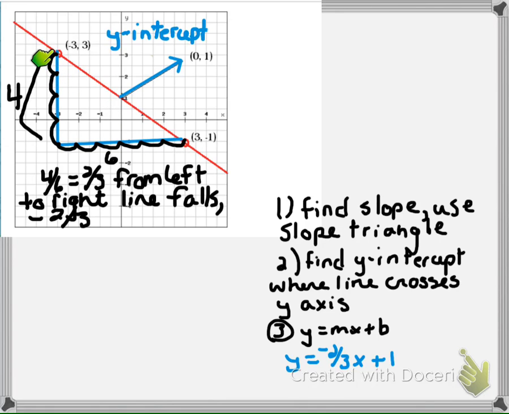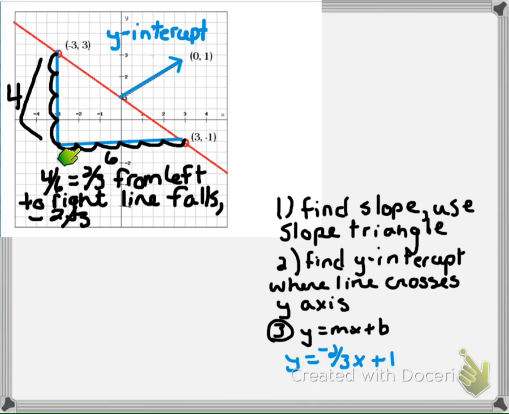So since I know that every tick mark is 0.5, I went 2 tick marks to make 1. So 1, 2, 3, 4. The rise is 4. Now the run is doing the same thing. Every tick mark is 0.5, so I have to go 2 tick marks just to make 1.